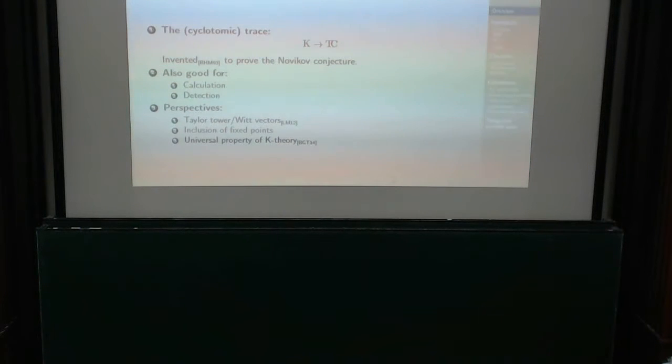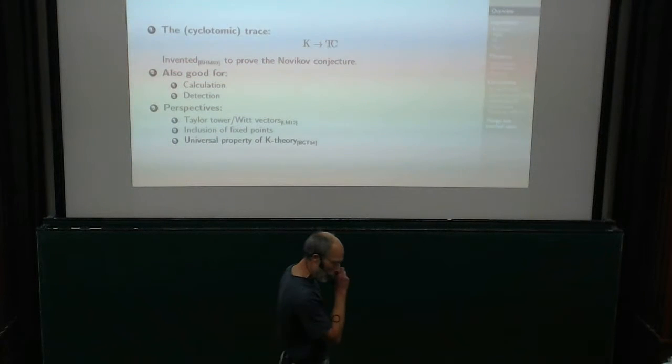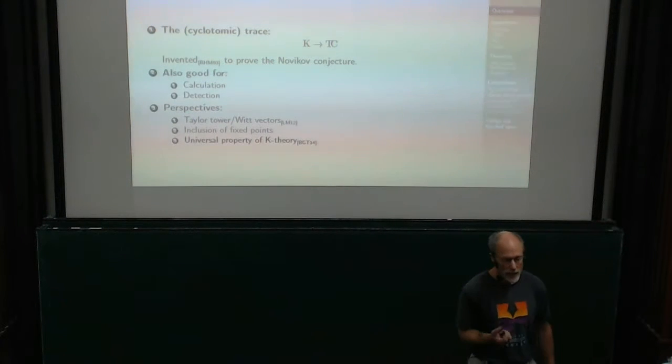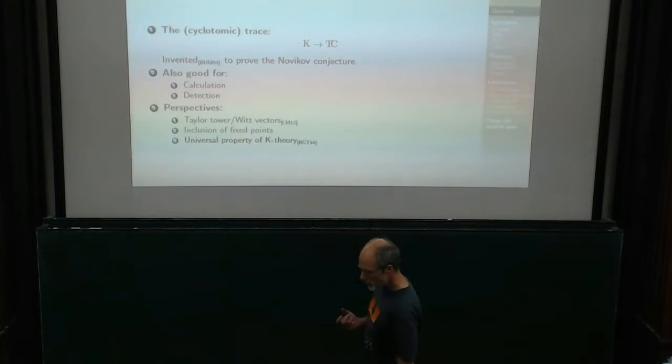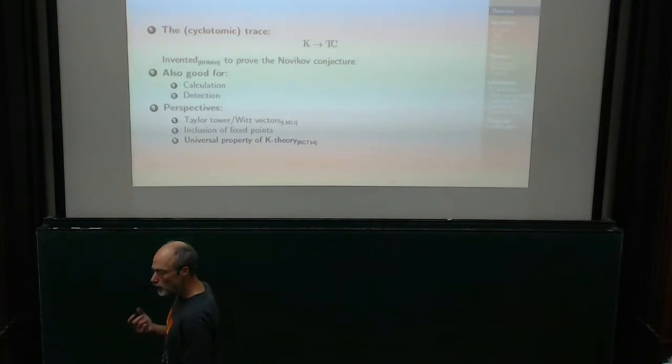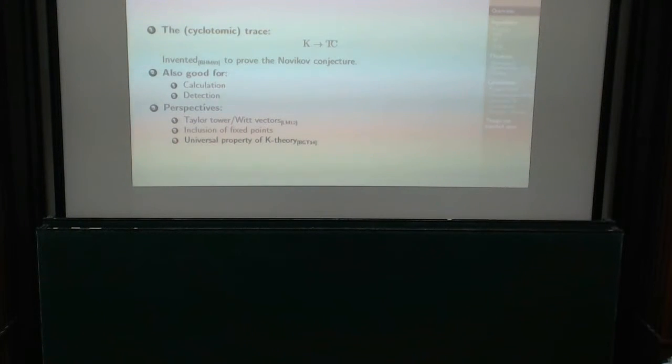Waldhausen had, when he defined algebraic K-theory, you could say that one of his guiding principles was that while K0 is the universal abelian group that splits short exact sequences, K-theory should be the universal functor to spectra that splits short exact sequences.